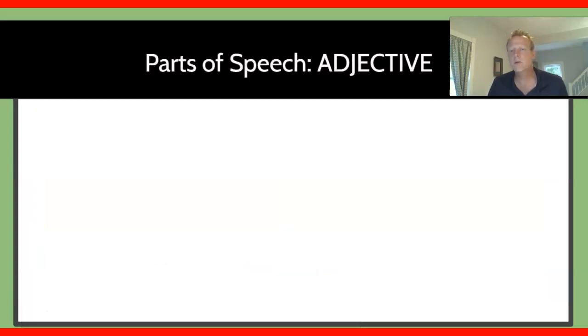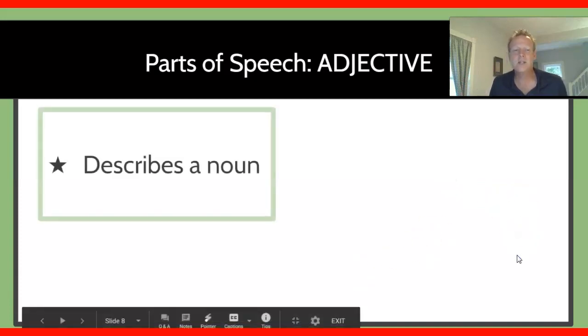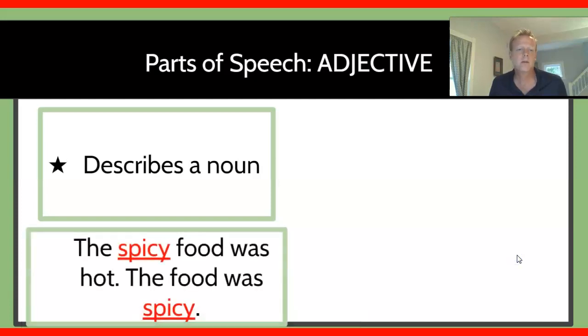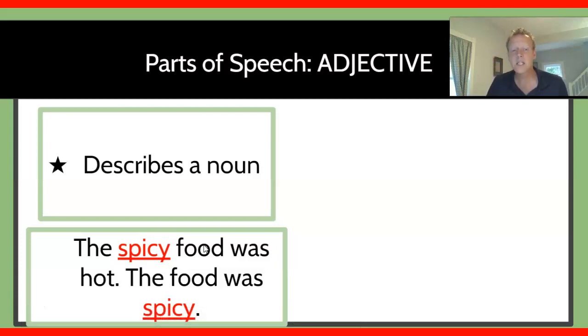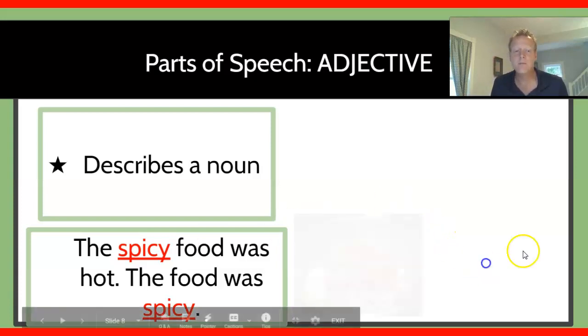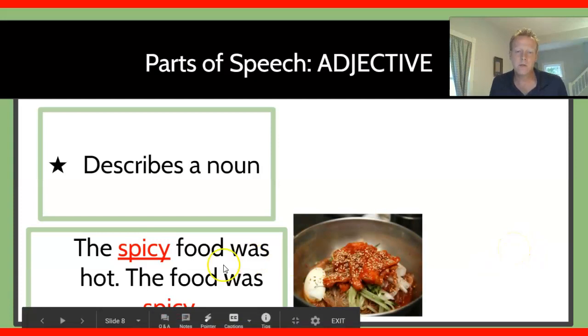Parts of speech. Let's look at adjective. An adjective describes a noun. The example: the spicy food was hot. Spicy describes the kind of food. Spicy food, okay? Oftentimes you'll see the adjective right before the noun.